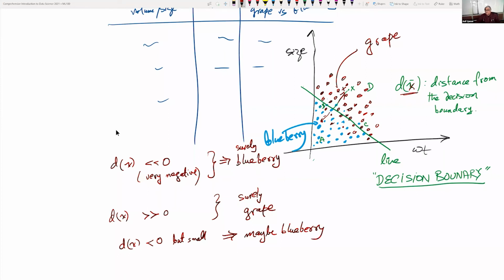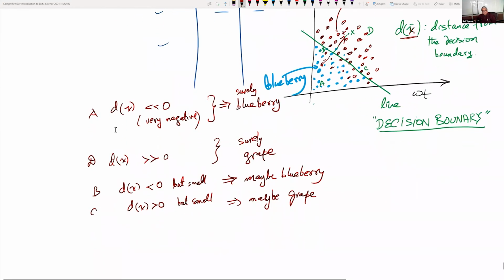Look at point B. This is point A, this is point D, and let's look at point C. If dx is greater than 0, but again small in size, it implies maybe grape. So is the intuition developing?